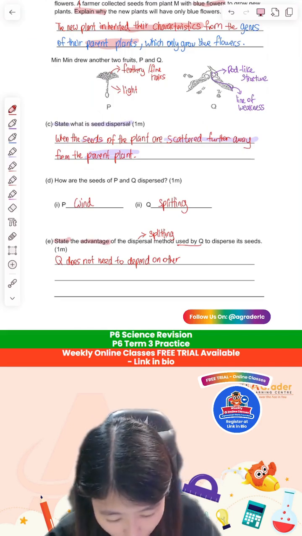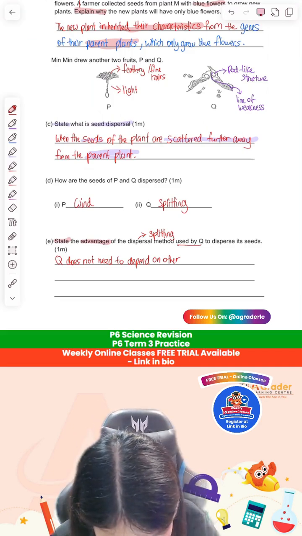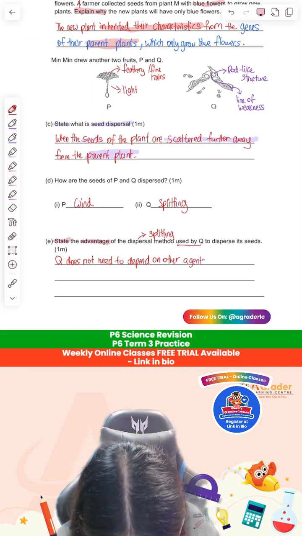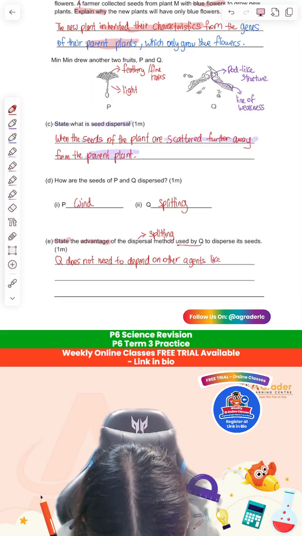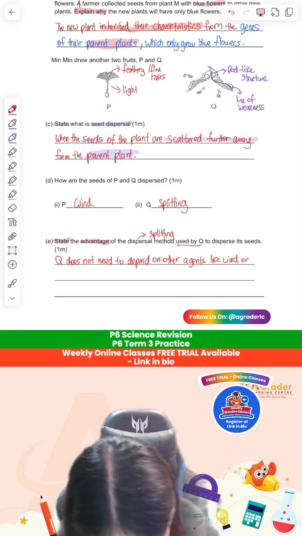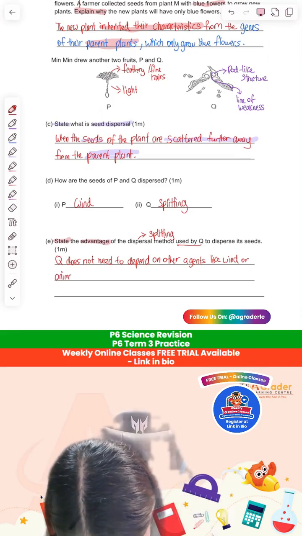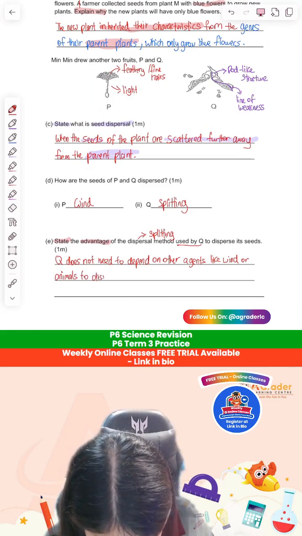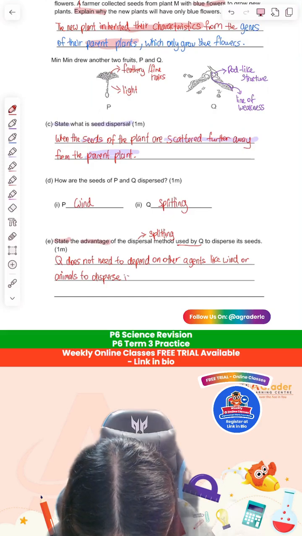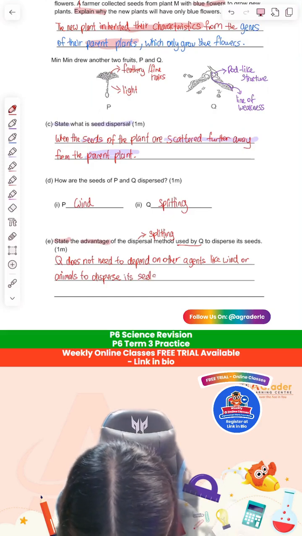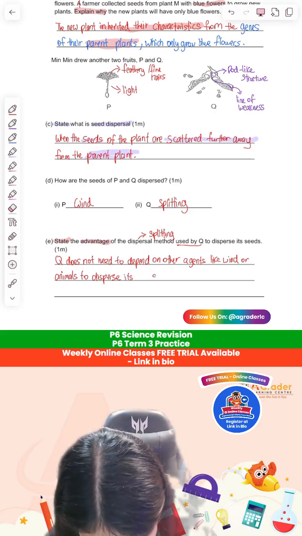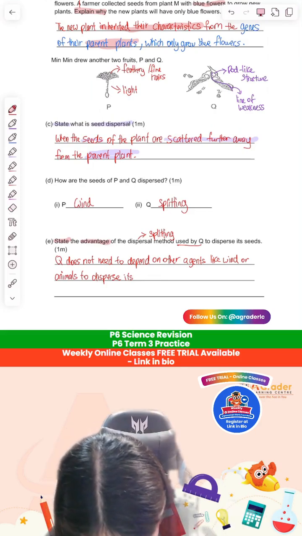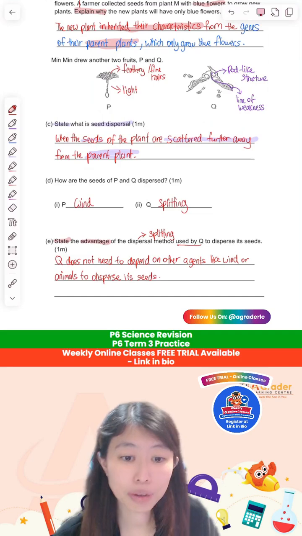So for this, it does not need to depend on other agents like wind or animals to disperse its seeds. I'm going to highlight the key things.